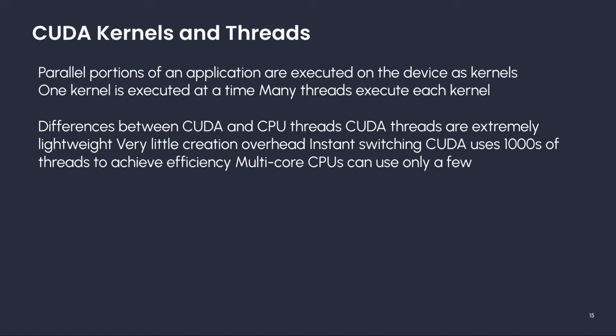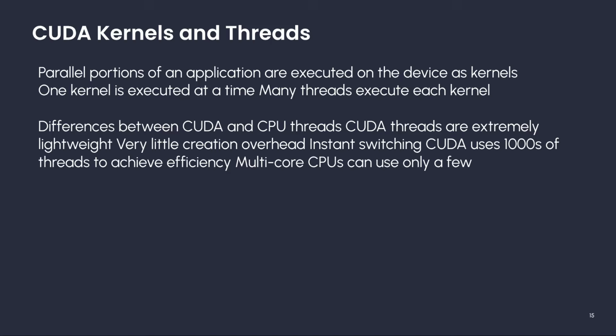CUDA kernels and threads. Parallel portions of an application are executed on the device as kernels. One kernel is executed at a time. Many threads execute each kernel. So आतापर्यंत जेवढं शिकलो आपण हाय परफॉर्मन्स कम्प्युटिंगमध्ये पॅरलल पोर्शन्स कशी करायचे ॲप्लिकेशनचे. So on device, let's revise what is device. Device is GPU. याच्यात खूप कन्फ्युजन होतं.